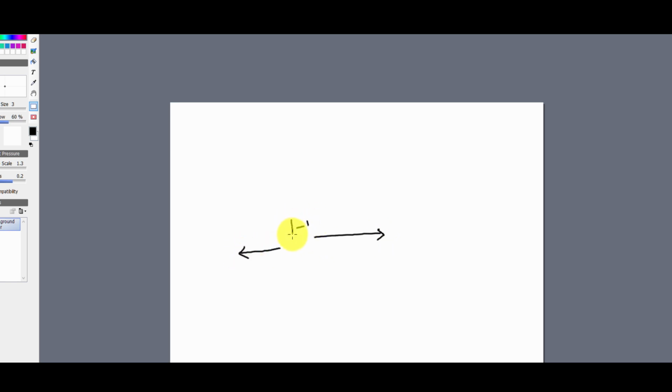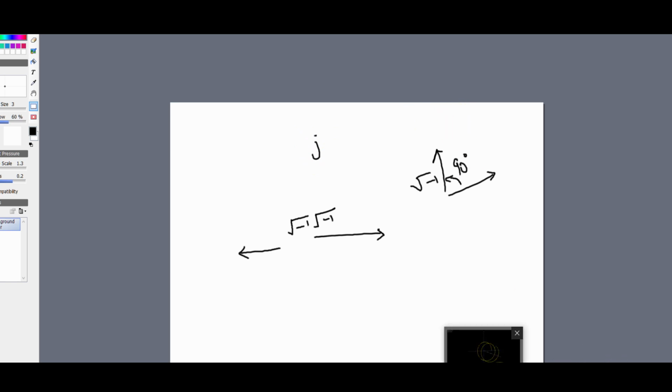This is the same thing as multiplying the vector by the square root of minus 1 twice. So if I multiply a vector by the square root of minus 1 just once, this vector will shift by 90 degrees in the anti-clockwise direction, sorry for the drawing. So that means multiplying anything by j, you are merely shifting the direction of the vector by 90 degrees. So j represents a 90 degree rotation in the anti-clockwise direction, and minus j represents a 90 degree rotation in the clockwise direction.